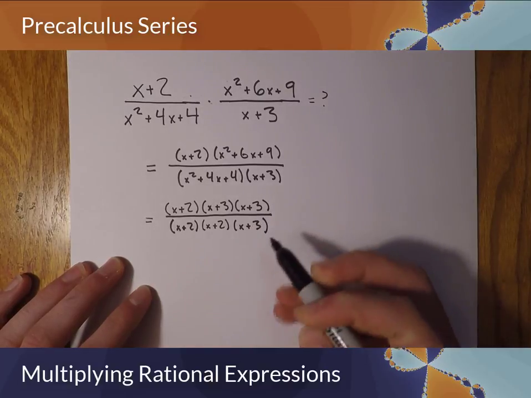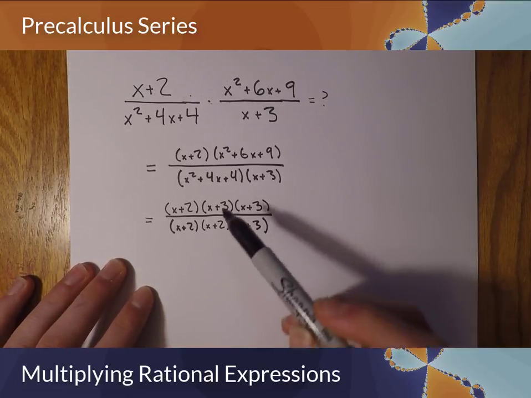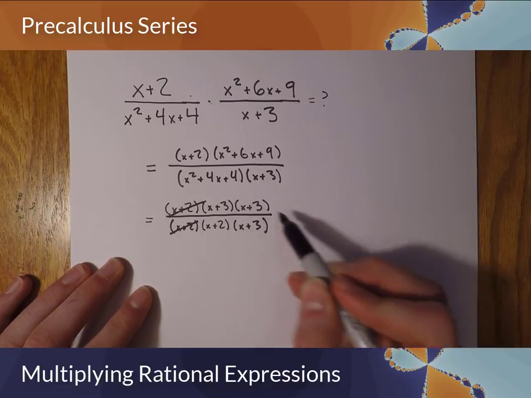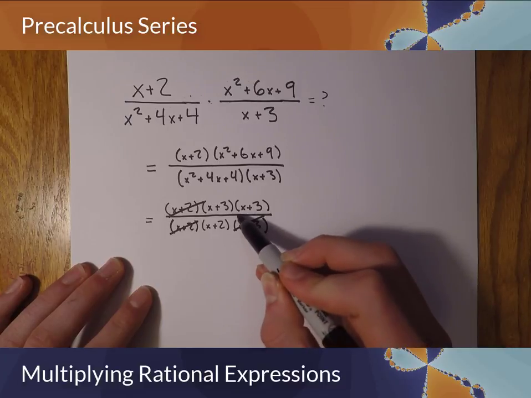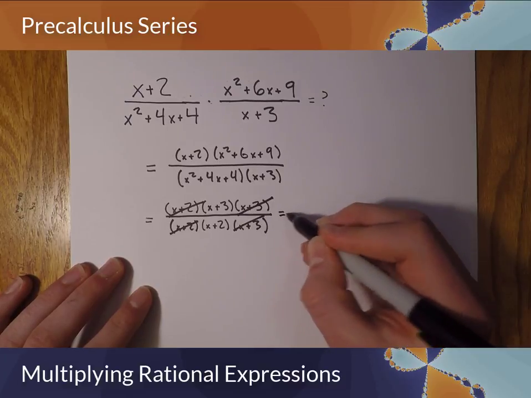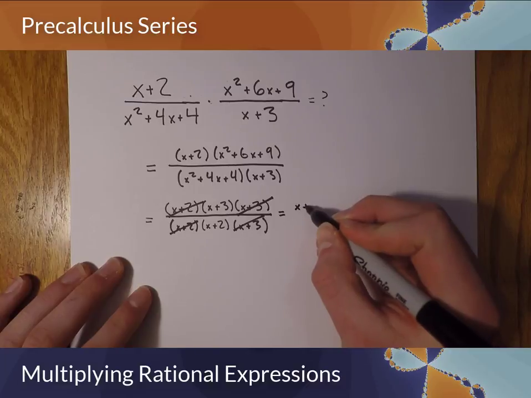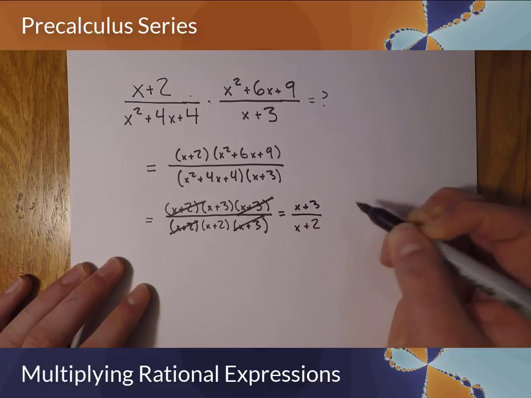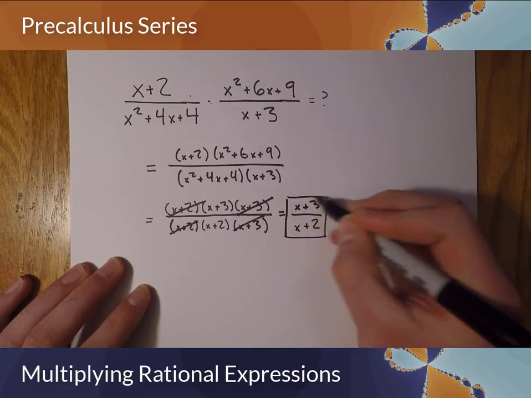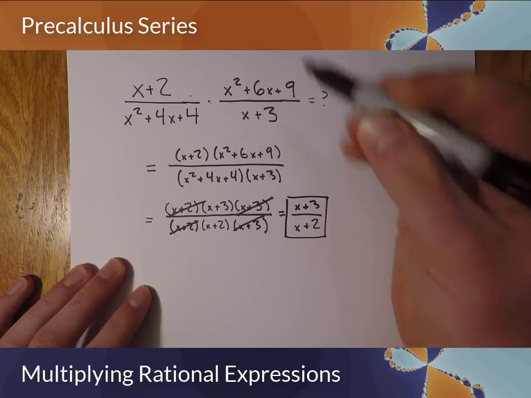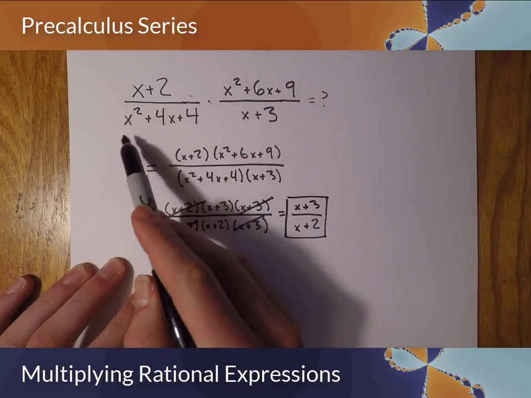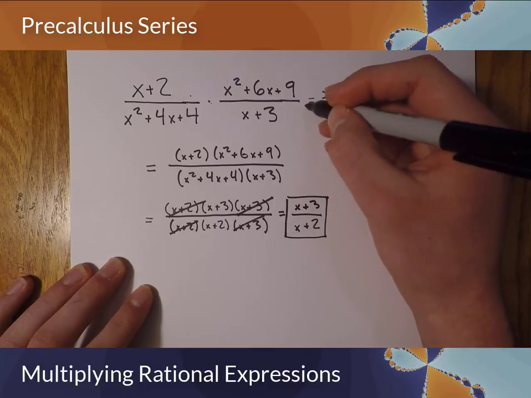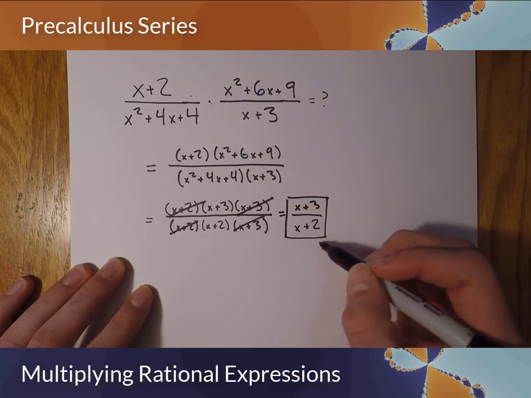If you look, we have different linear factors that can cancel out. This linear factor cancels out with this linear factor, and this one cancels out with that one. So we're left with (x + 3)/(x + 2). And there we go, we have our solution: after being multiplied out and simplified, we get (x + 3)/(x + 2).